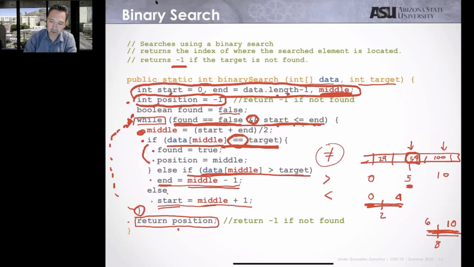I am going to compare again. The data in the middle, is it equal? If yes, I found it. If the data in the middle is not equal, then I need to compare if the data is greater or smaller. Therefore, I am going to decide if I am going to search between 0 and 1, or between 3 and 4, or between 6 and 7, or between 9 and 10.